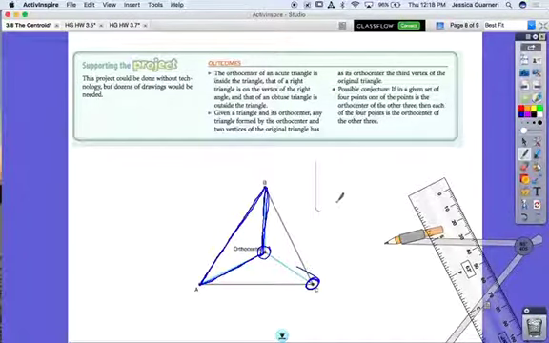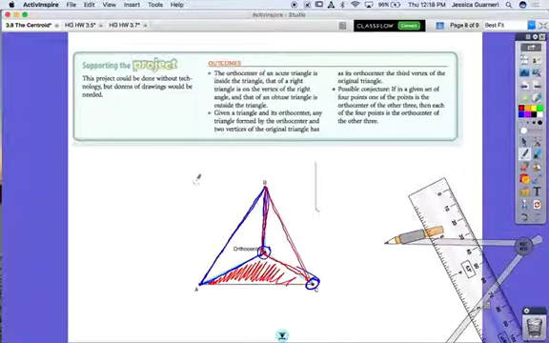It's kind of cool. So if I took this triangle over here, what would the orthocenter be? A. And if I took this triangle right here, what would the orthocenter be? B. That's kind of cool.